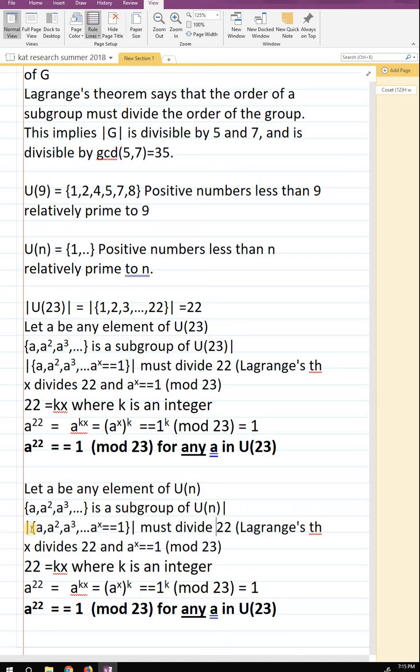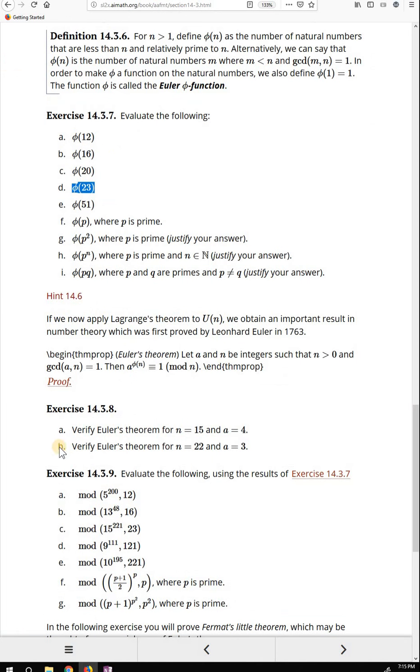So this must divide... what must it divide? n minus 1? No, not n minus 1. What's the size of U of n? Oh, n. No, it's not n either.